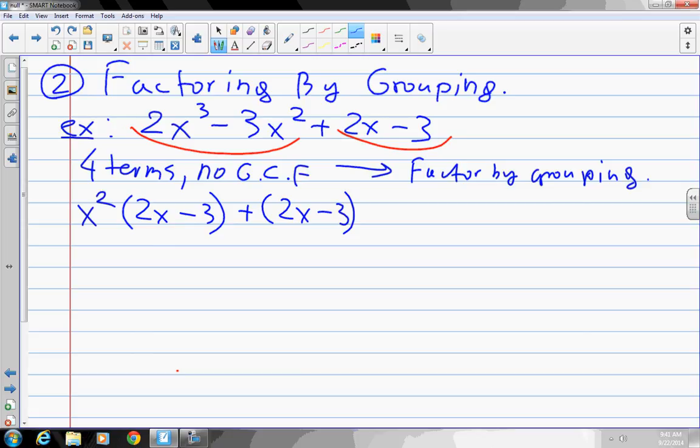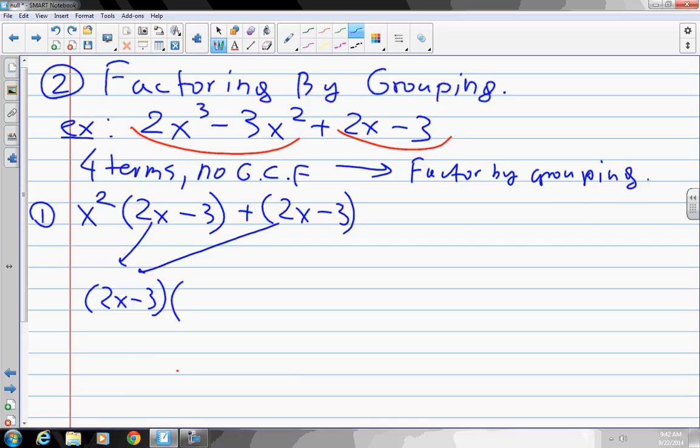Nothing bad happened. Well, that was the first step. Now think about what we just did in the previous set of examples. I have two expressions separated by a plus. Is there a common factor among those two expressions? 2x minus 3. So we're going to pull out the 2x minus 3, just like we did in the previous examples.